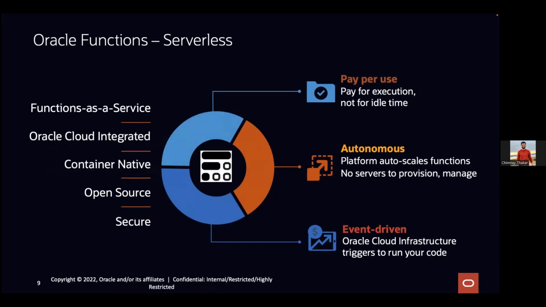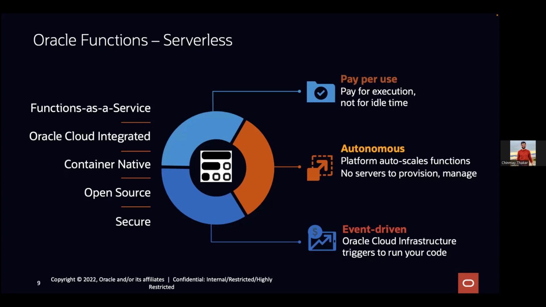The functions as a service is a completely cloud integrated platform. It is container native. So whatever code that you write is going to be packaged into a container. You can use Docker, store our containers, let's say within Docker Hub or our Oracle Container Registry. And whenever you invoke a function, it pulls in that specific container and runs the code for you. It is open source.